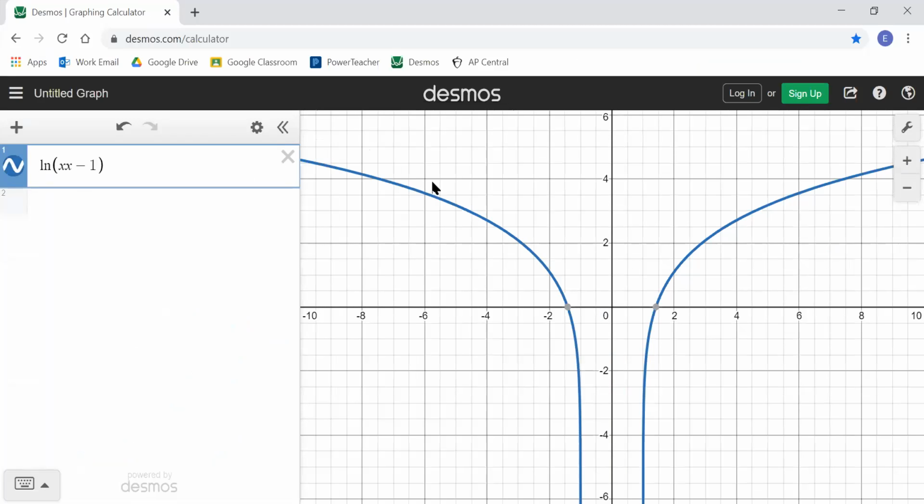And our function is decreasing from negative infinity to negative 1 and increasing from 1 to infinity. And this is concave down, and this is concave down. So it looks like everything that we got seems to match up with what the graph looks like. Good or no? Good. Wonderful.